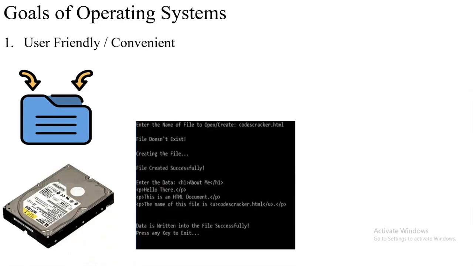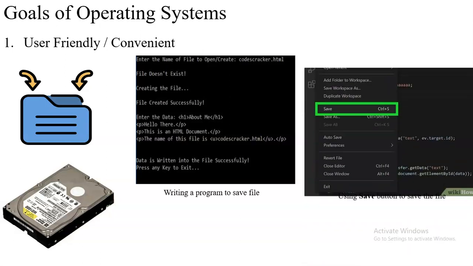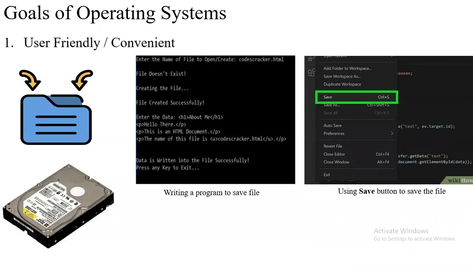hard disk, there are two ways. One is to simply write a program to save that particular file. The other one is to simply provide an interface, or give a save button for that file. So you can save that file by just clicking on that save option. Obviously, the second option is the easier one.